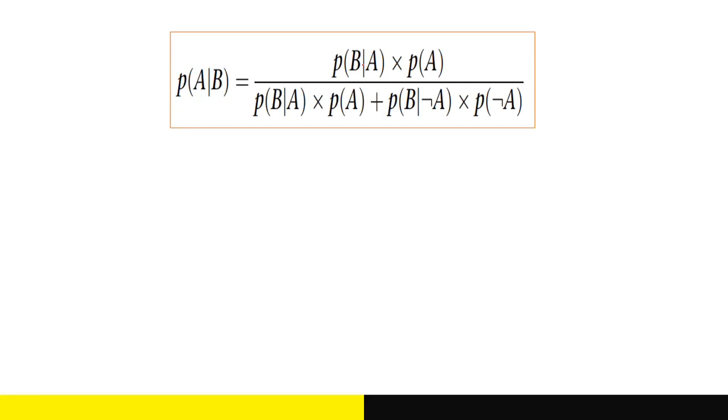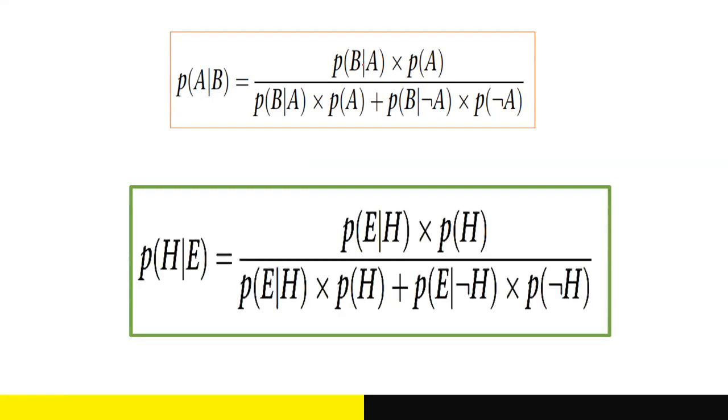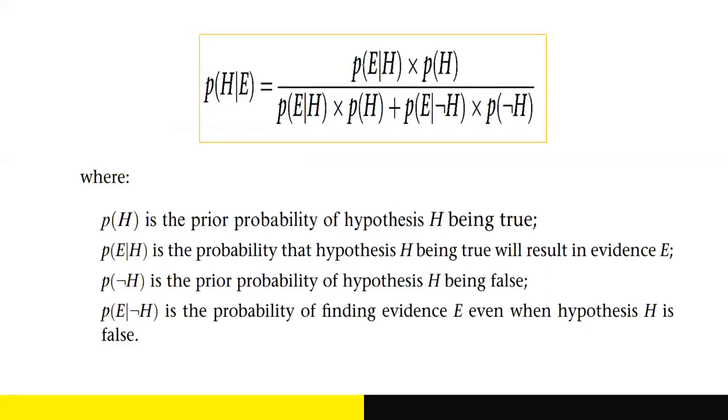So, our last equation, we will just rephrase it and replace B with E, which is the evidence, and A with H, which is the hypothesis.